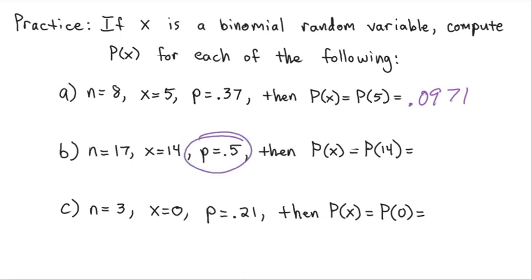So whenever you see a binomial random variable and p is 0.5, that's the same thing as a coin flip. Okay, so n is 17, p is 0.5. We want to know the probability of getting exactly 14. So this is like the same thing as saying the probability of flipping exactly 14 heads on 17 coins.